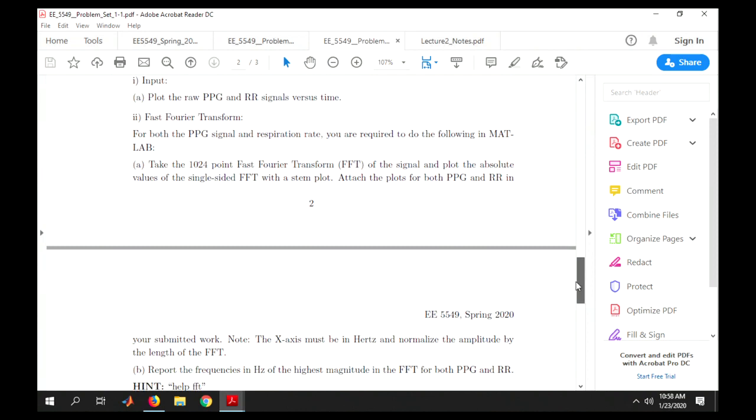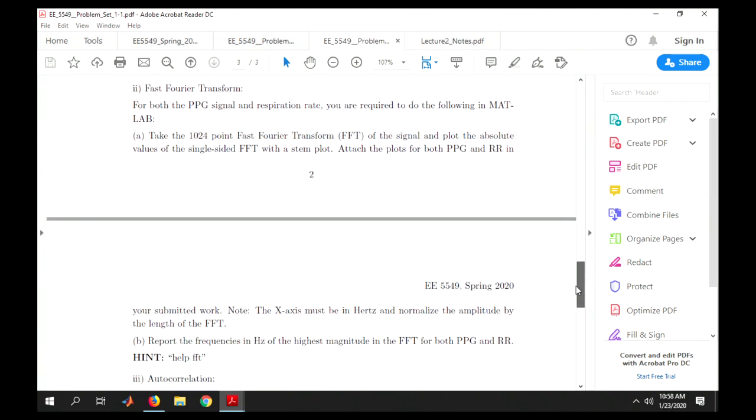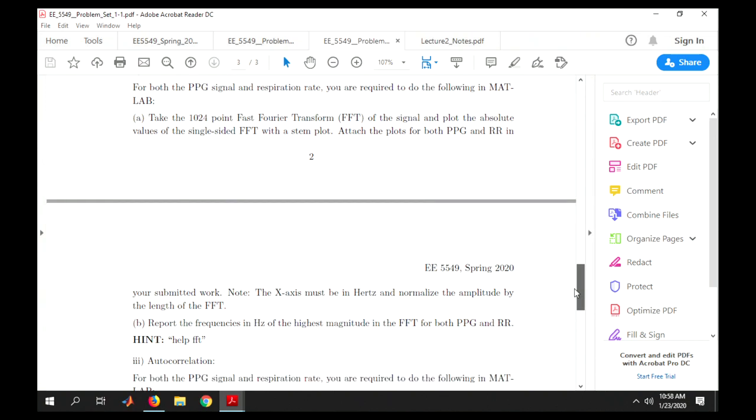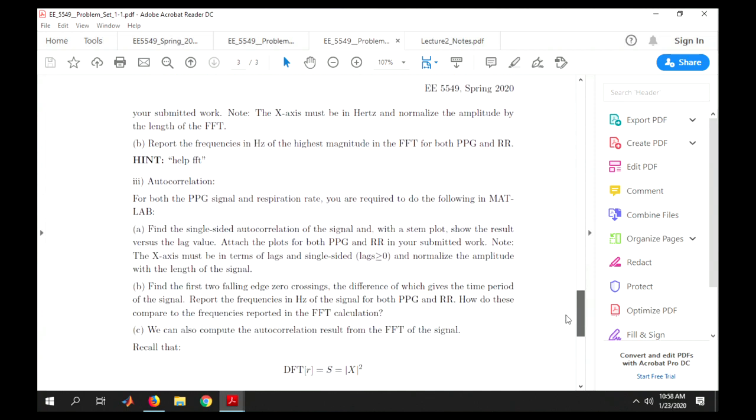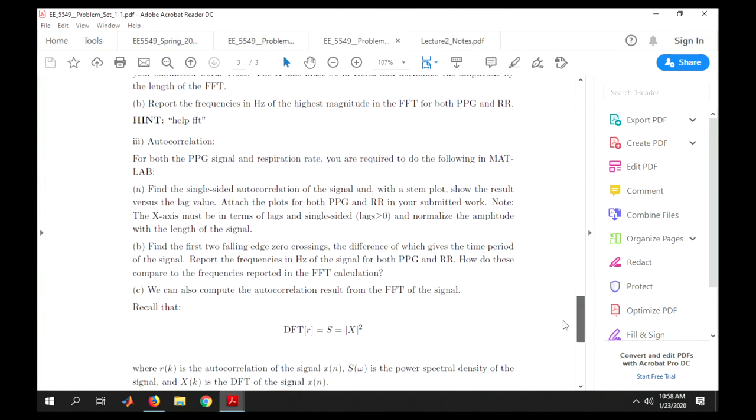In the first part, plot these raw signals and take the FFT, and plot those. Then take the highest peak of the FFT, find the corresponding frequency, and report those frequencies for the PPG and the respiration rate. We have done that already using FFT.